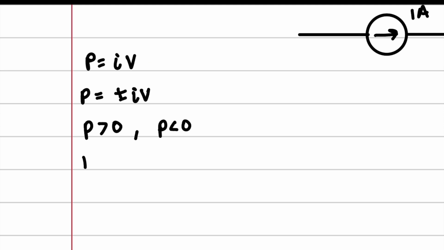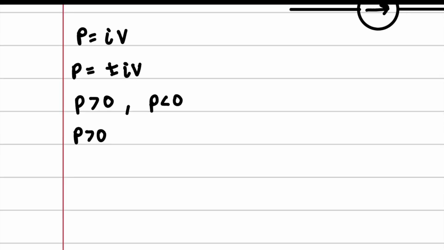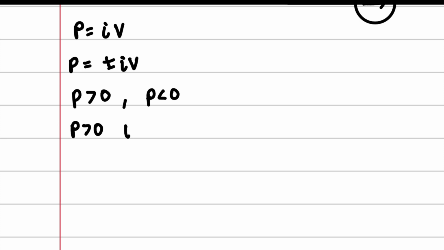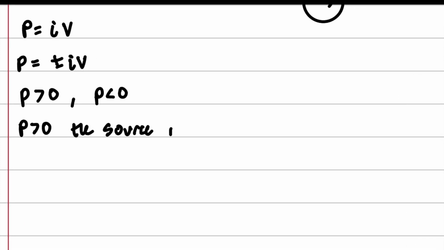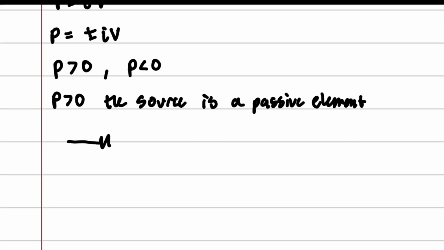So when power is positive, the source is a passive element. Kind of like how in last lesson we talked about the passive sign convention of a resistor. Now, we know that a resistor removes energy, right? Or converts energy into its surrounding area.